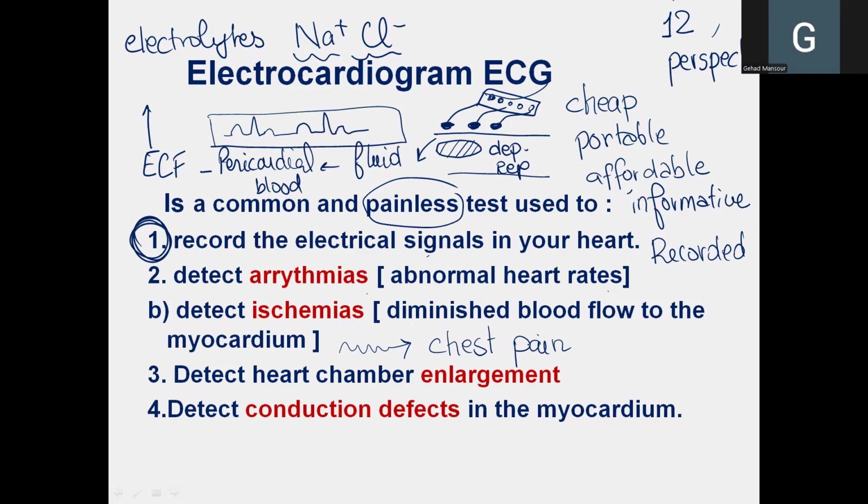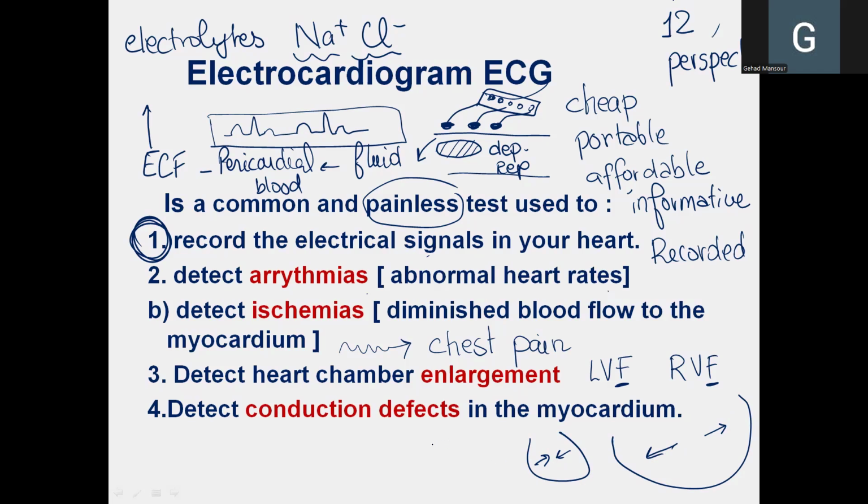So it is also very useful in detecting ischemias, and it is also used to detect enlargement of the chambers. Sometimes, for example, with left or right ventricular failure, when the ventricles are no more capable of contracting, they enlarge in size, because contraction shortens the muscles and narrows the cavities.